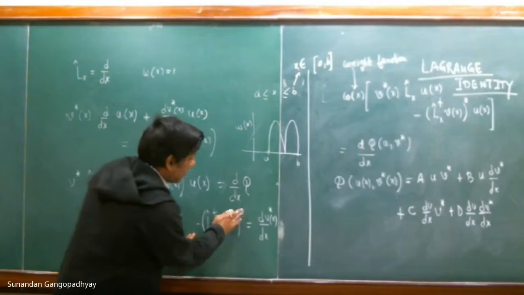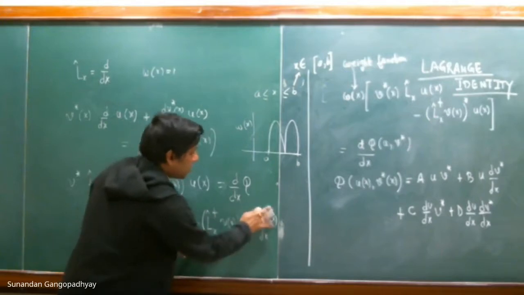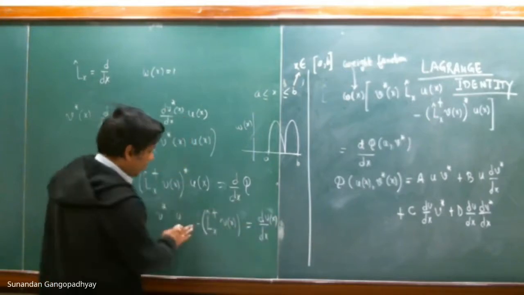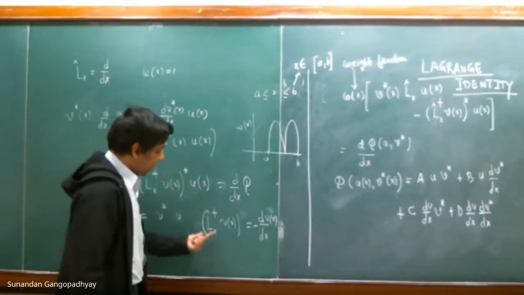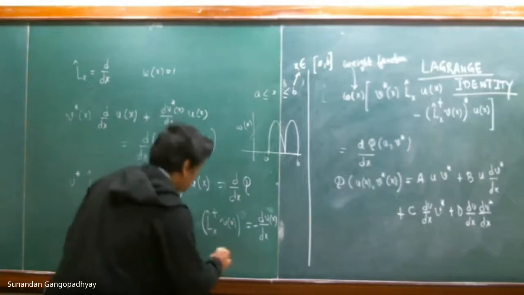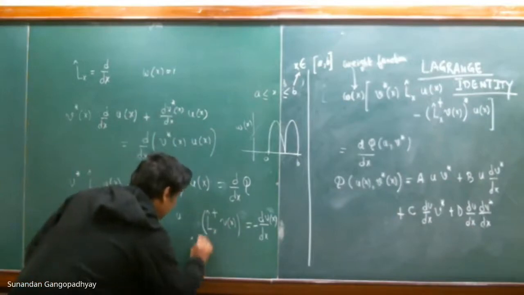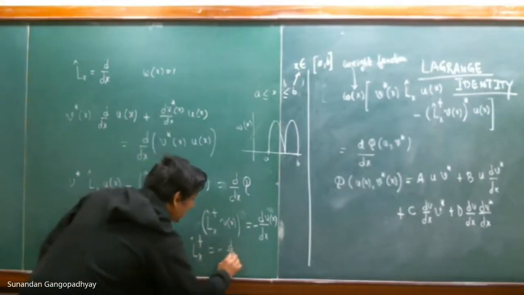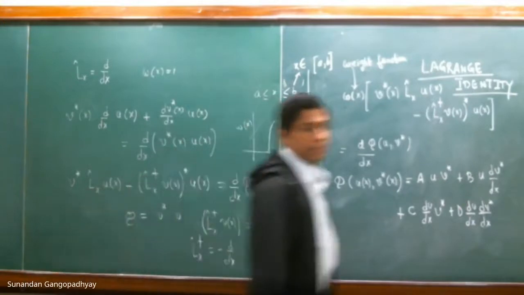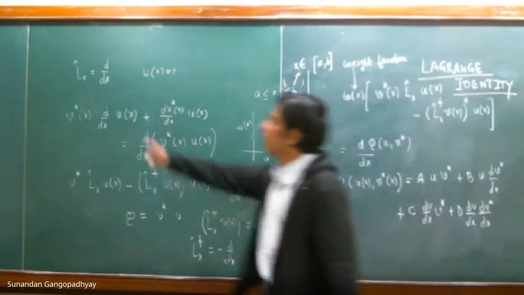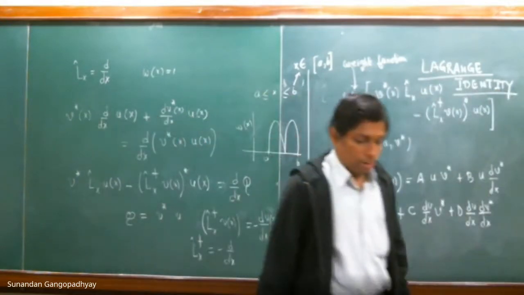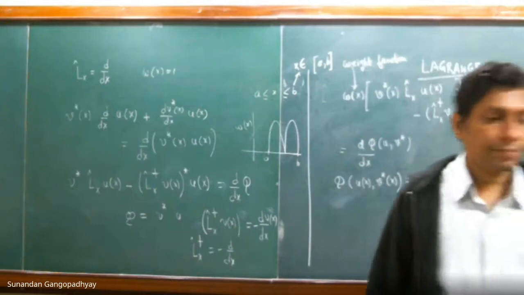Therefore I can get rid of the star from both sides, so minus I can take on that side. Therefore, what is L dagger? This implies L dagger is nothing but minus d/dx. So this is the adjoint of the operator d/dx. Is it okay?